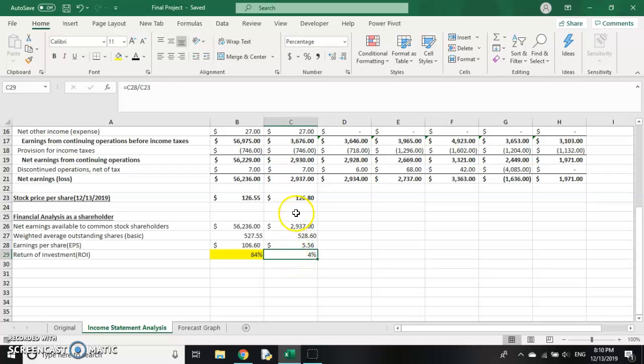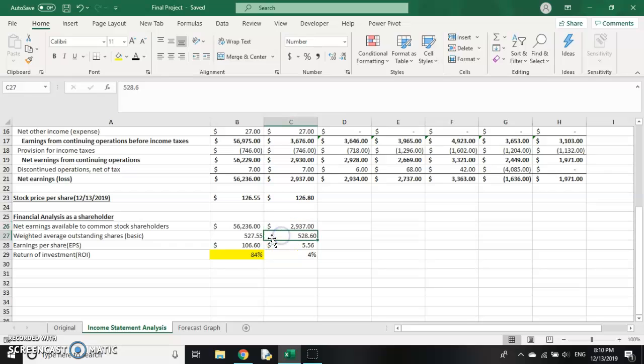I got the stock price from the website. This is the closing price for Target on the day of December 13th, which is today. And this is the net earnings available to common stock shareholders, which is the net earnings.